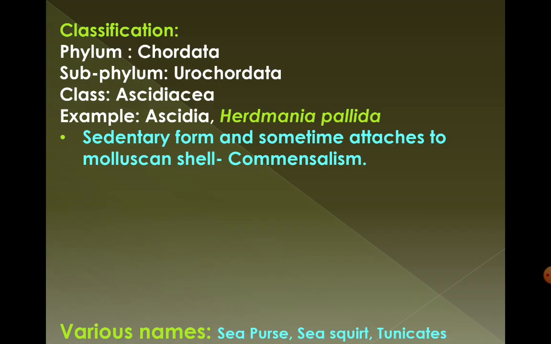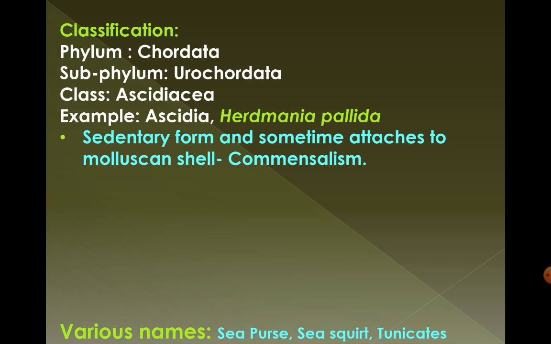Now if you look at the classification, it belongs to the phylum Chordata, subphylum Urochordata, class Ascidiacea, and the example that we will be learning here is Herdmania pallida. Now this Herdmania pallida, it's a sedentary form and it sometimes attaches to a molluscan shell exhibiting commensalism.